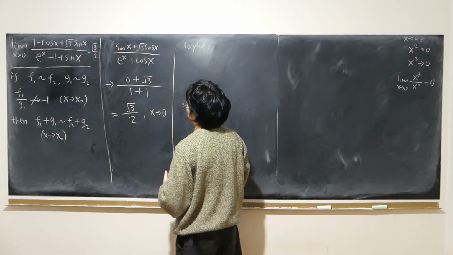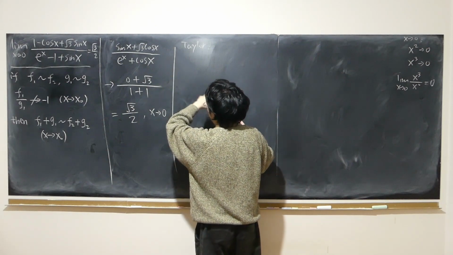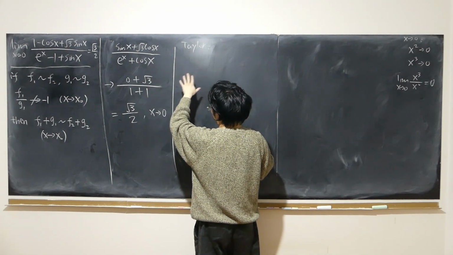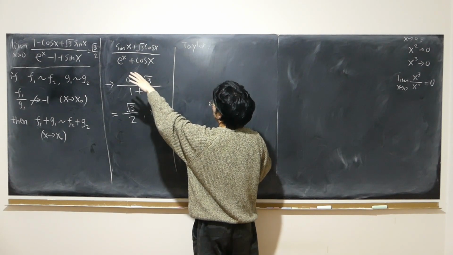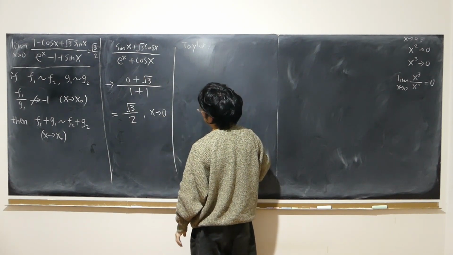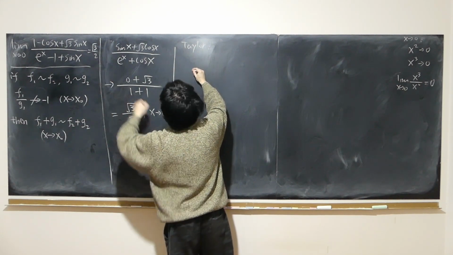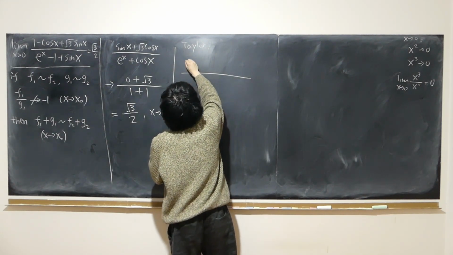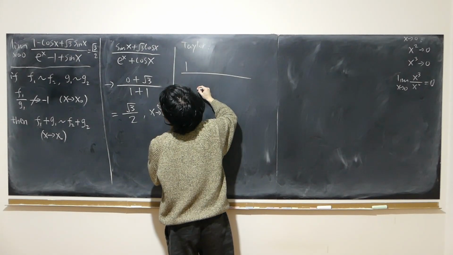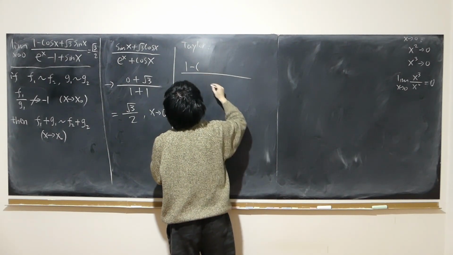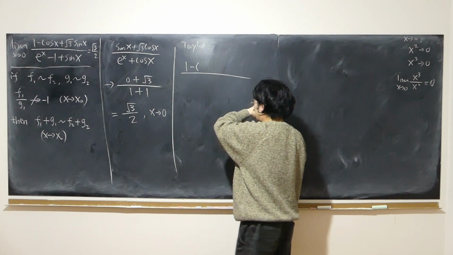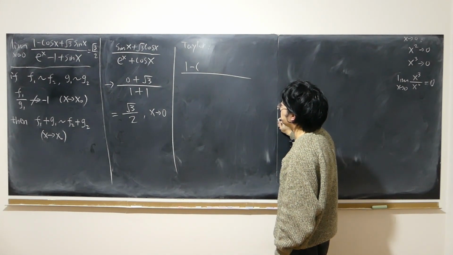So roughly speaking, Taylor expansion is what's going to help us determine the exact speed of the top and bottom, right? So 1 stays as 1, and let me just expand cosine x first. Minus cosine x. Remember, cosine x, first term is what?